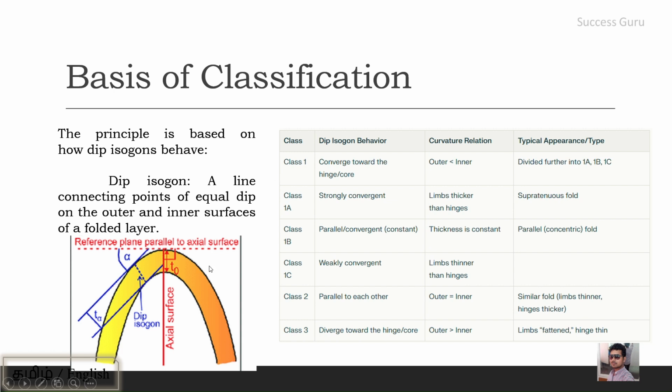So you can see this bed has been folded, and this is the upper bedding plane, and this is the lower bedding plane. When it bends, we call it the outer arc and the inner arc. So this arc will have a different angle at different locations. For example, in the axial plane, the dip at this particular location is 0, as well as here also it is 0.